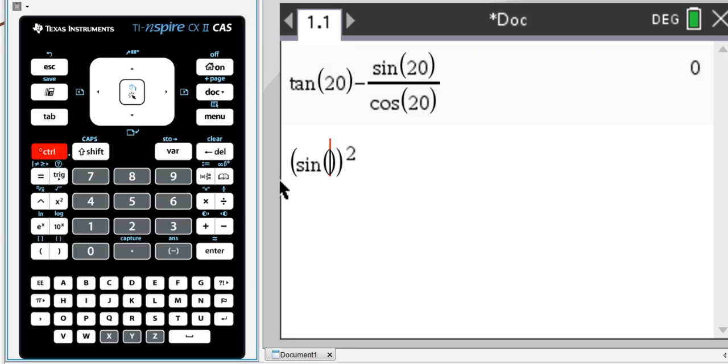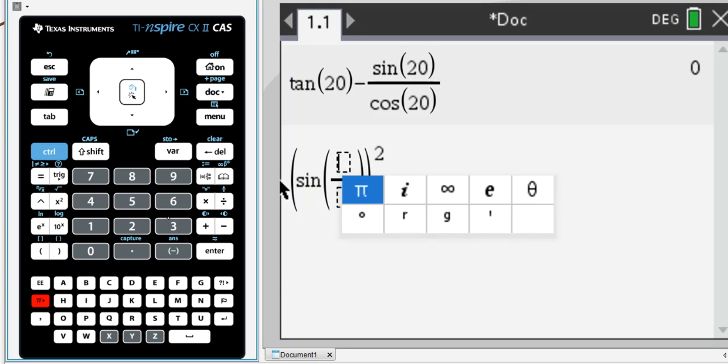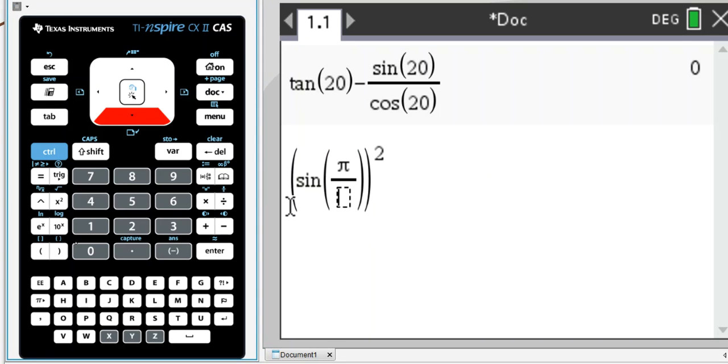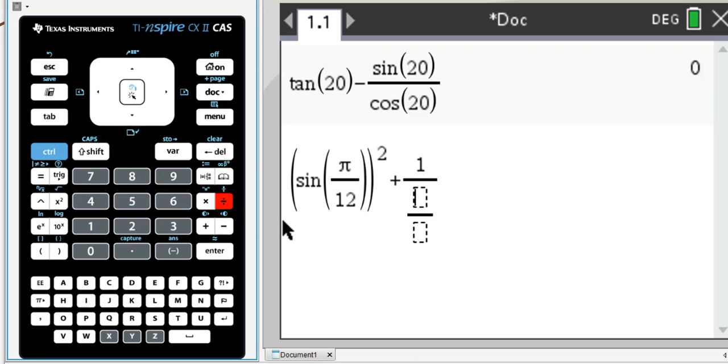So we're going to type sine of pi over 12 quantity squared, so that's our sine squared of theta, plus a large fraction here, control divide, and we've got 1 over top of another fraction, because I'm going back to the original example here. Sorry, there was no fraction in the denominator, it was just secant squared.